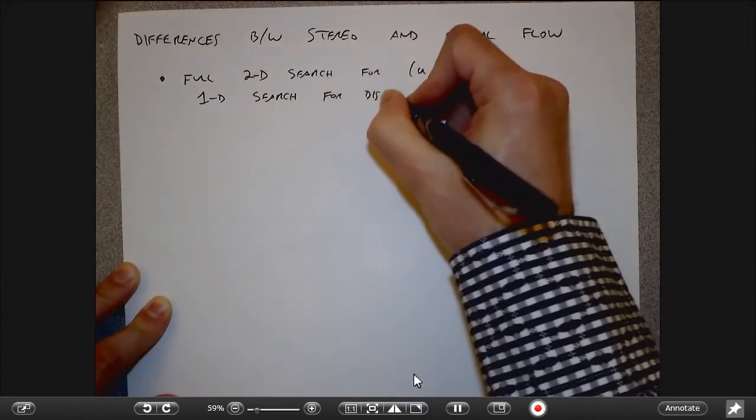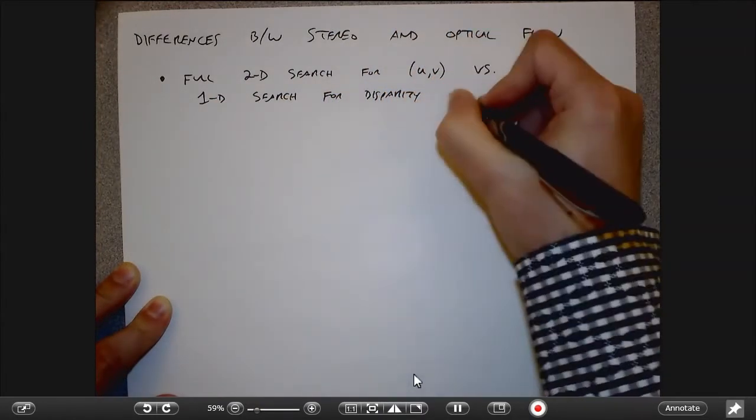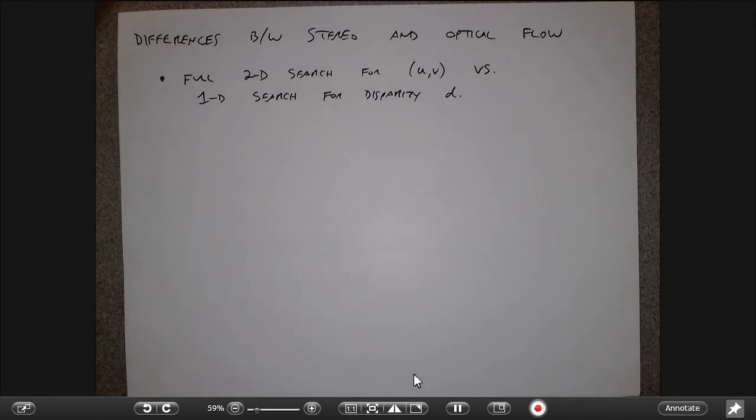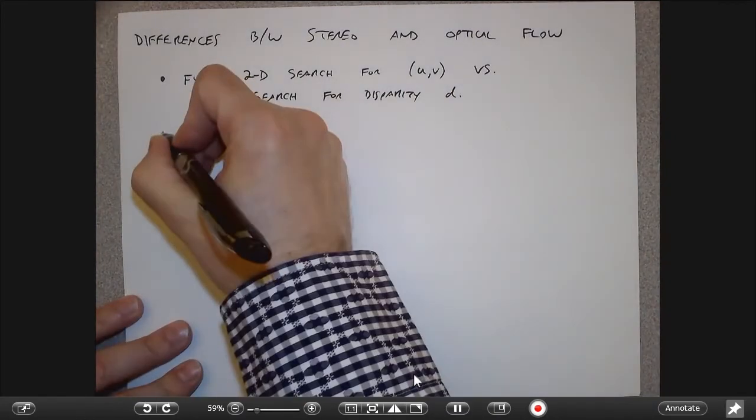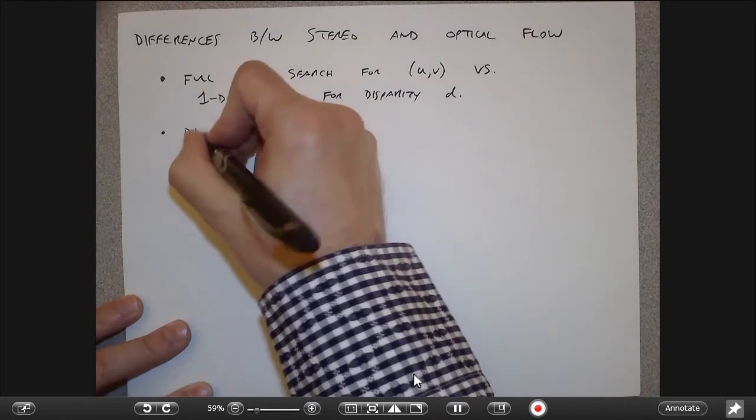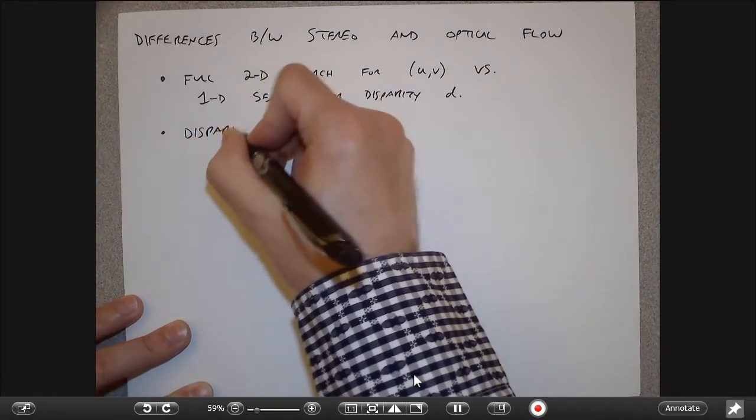That's what we talked about already: I've constrained where I look for the correspondences. The second one is that typically disparities are quantized.